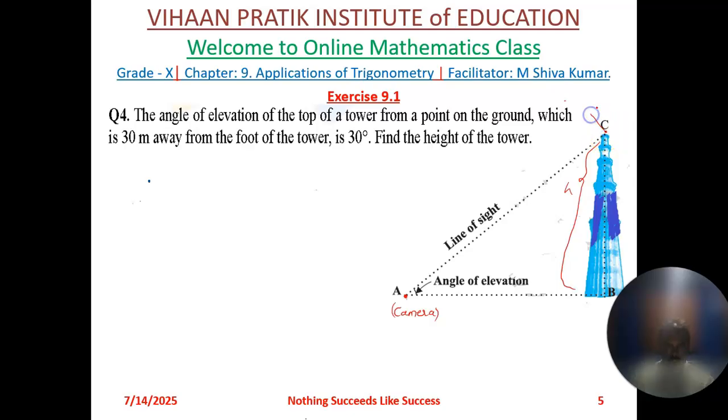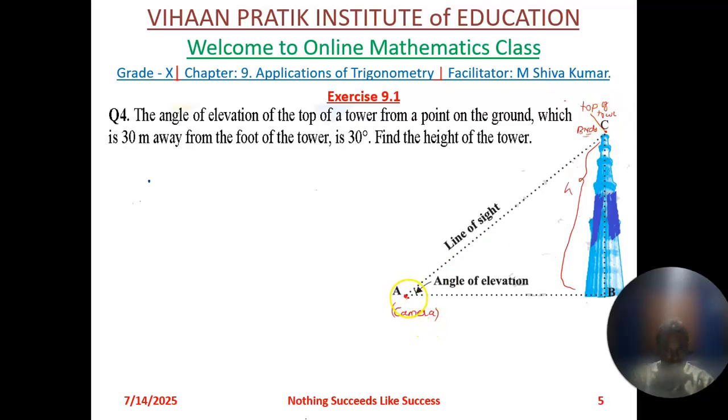So let's assume this is the top of the tower and birds sit here. As soon as the bird sits here, the camera clicks its picture. It does this by continuously monitoring its lens from this point to this point.